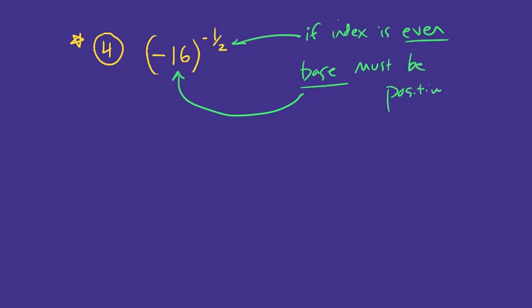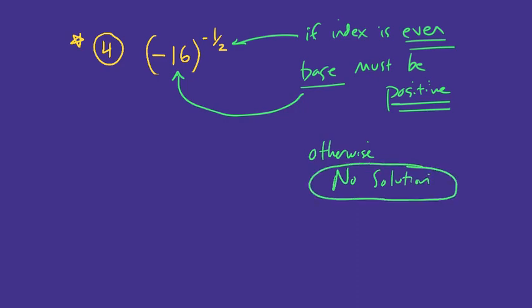So hopefully you catch that at the beginning. If the index is even, the base must be positive. Here the index is 2, the base is negative 16. Otherwise, no solution.